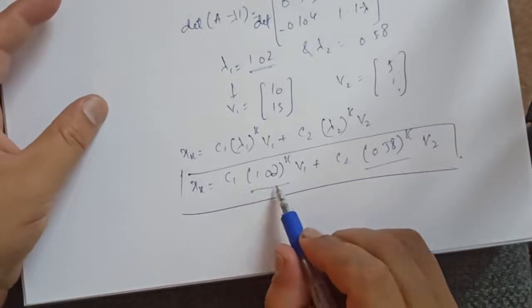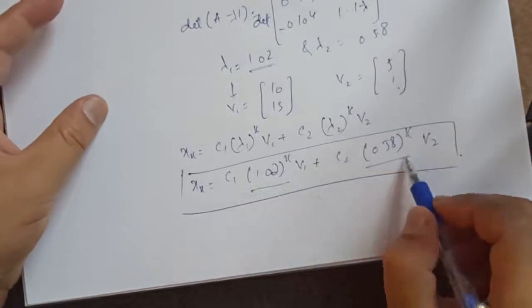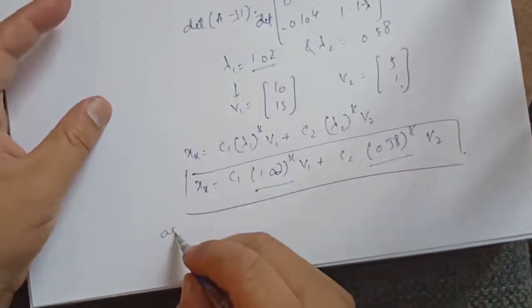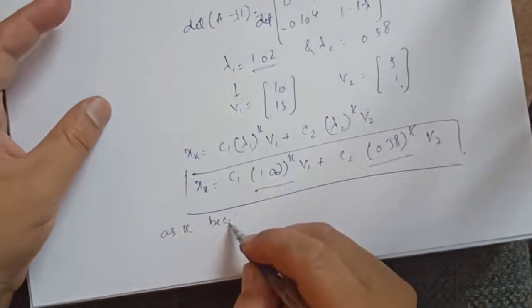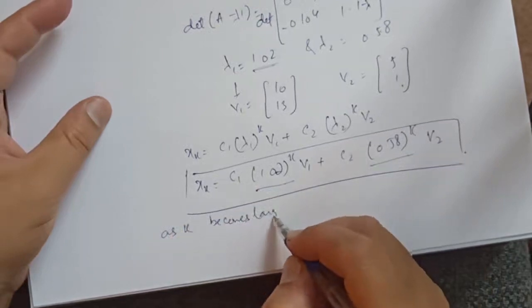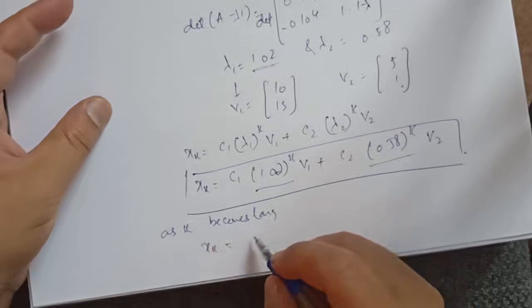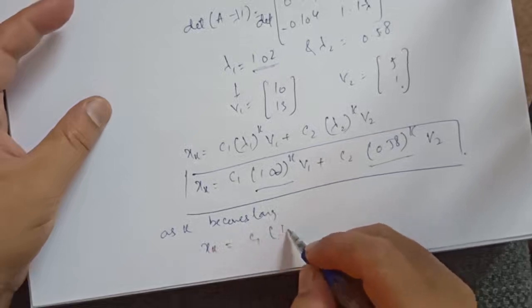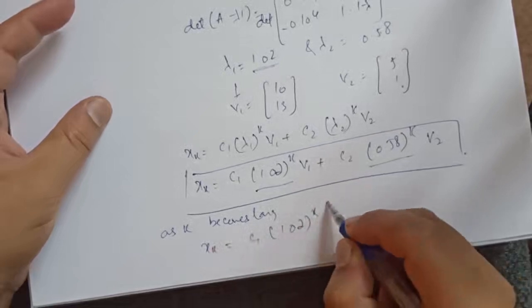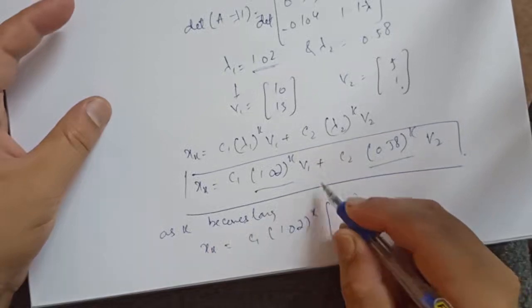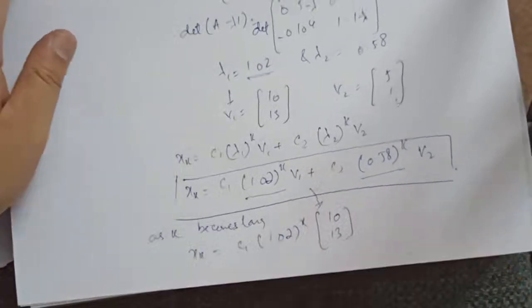So we can say that as k becomes large, x of k is dominated by c1 times 1.02 to the power k times (10, 13), which is v1 over here.